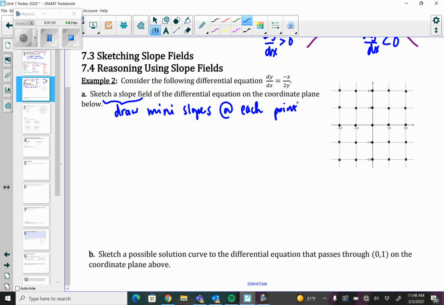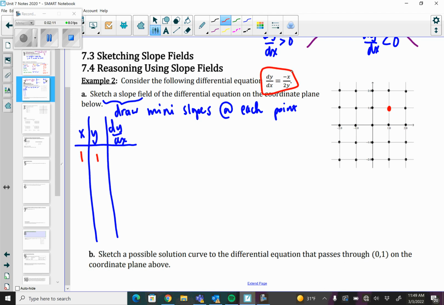So one way you could do this is to just set up a big table. We could create a table with x, y, and dy/dx. For example, this point right here is the point (1, 1). If x is 1 and y is 1, what is dy/dx?